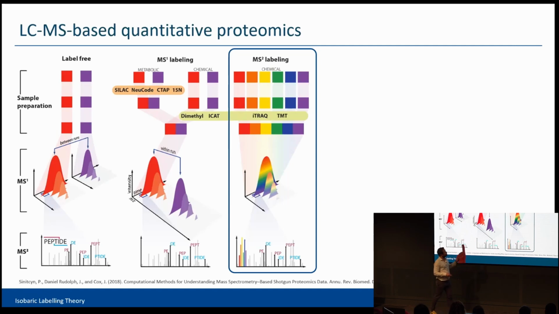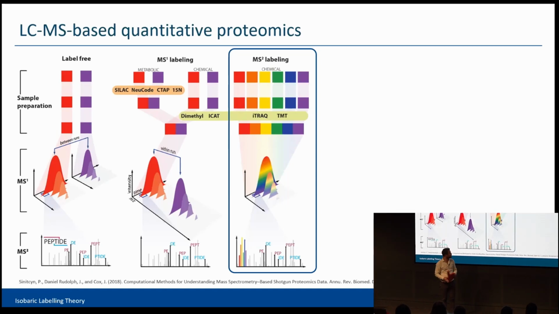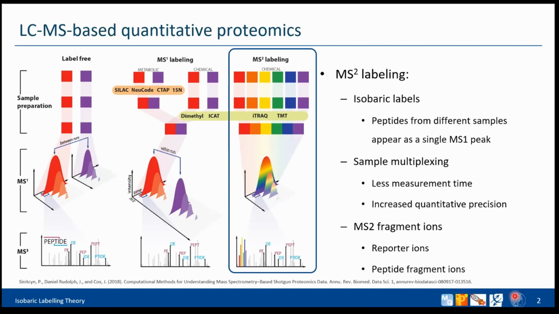That means on the MS1 level, they are all mixed together and measured together, so they just stack up in this MS1 peak and are not distinguishable. But afterwards, on the MS2 level, they are cleaved, and then they are separated. Sounds like magic. It's also somehow magic. It's very cool, but let's understand it and let's see what you can do with it.